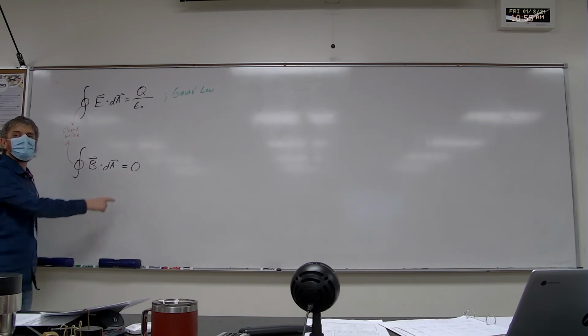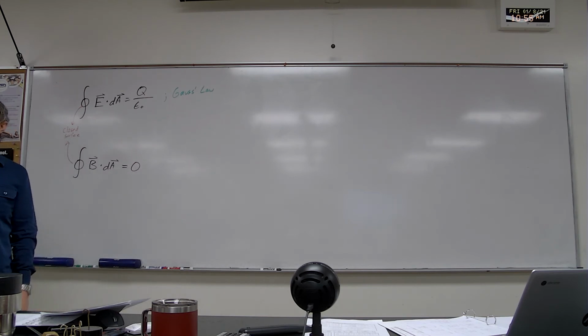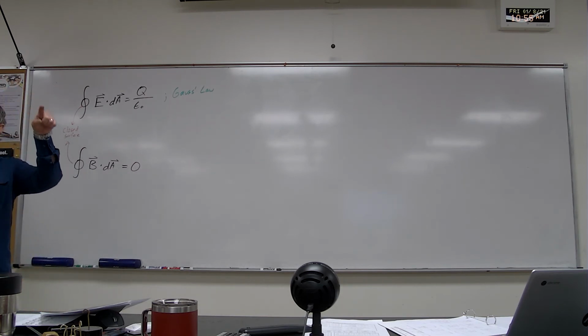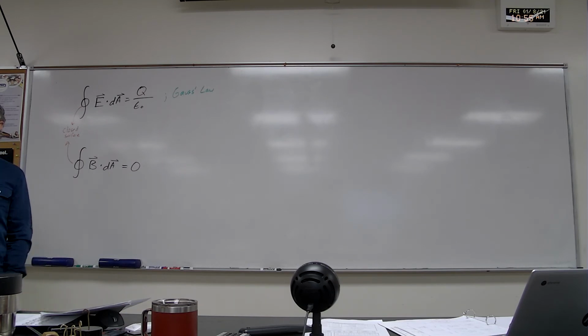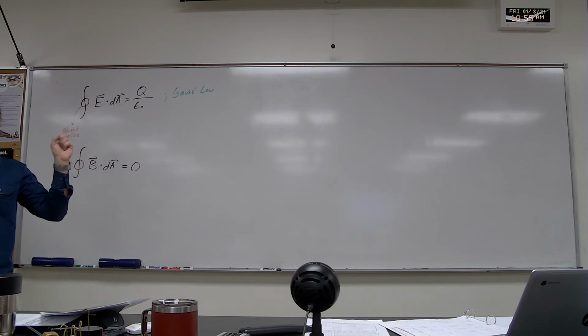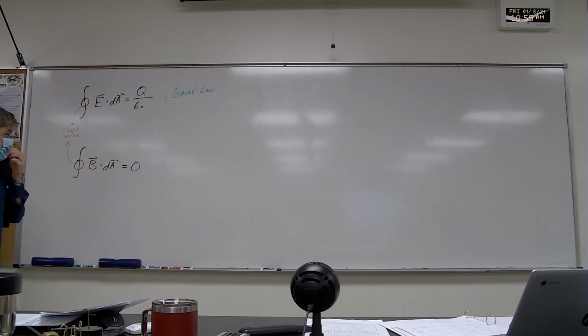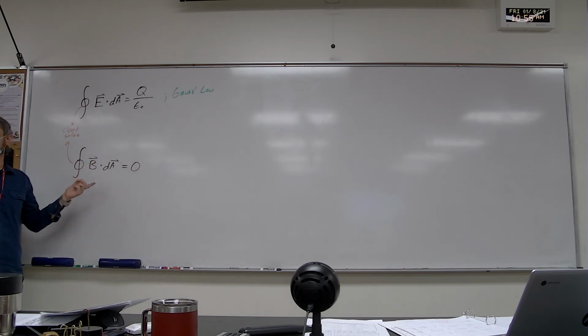It's always 0 with magnetism because anytime you have a magnet, you have field lines going from one part of the magnet into the other part of the magnet, right? So there's no closed surface you can draw anywhere around that magnet where you have a net influx or a net outflux of magnetic field lines. It's impossible. You might have heard of this before: there's no such thing as a magnetic monopole, at least as far as we know.